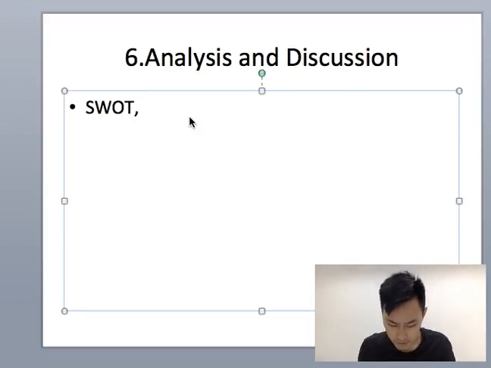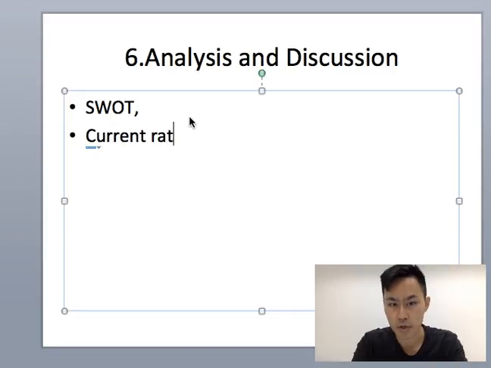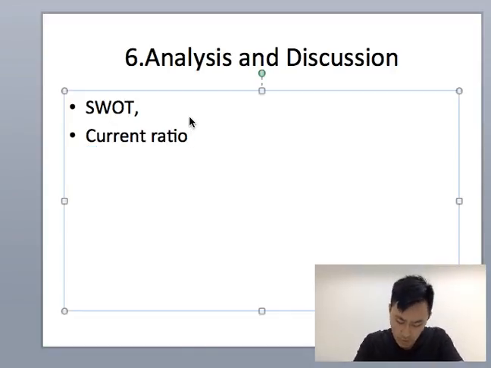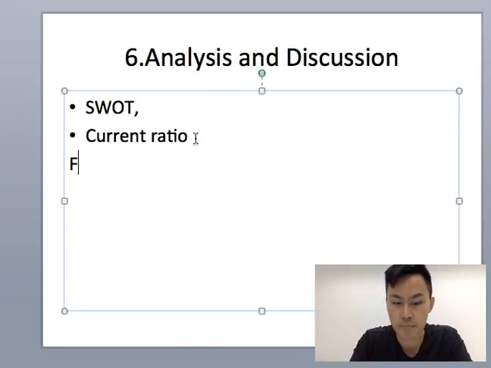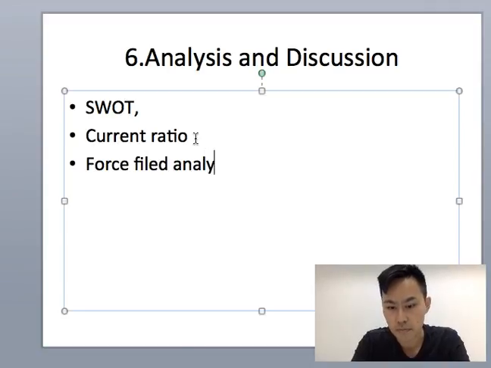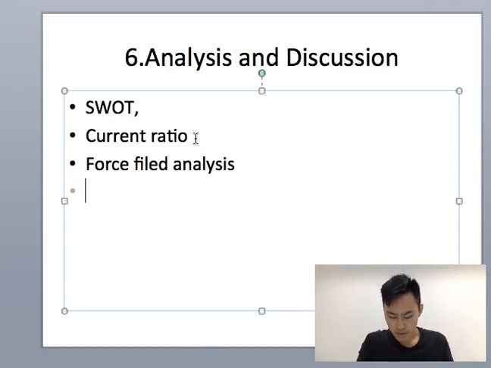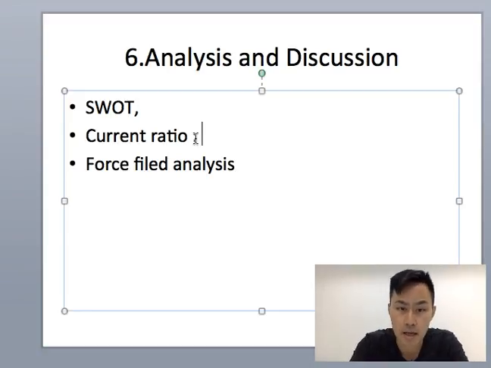So a SWOT analysis, and also we can compare the current ratio analysis. So basically, you can list out everything. For some people, they would be using the force field analysis, right? So basically, list out everything you got, and then we start to analyze in detail.